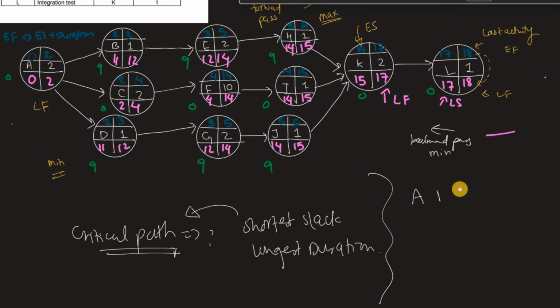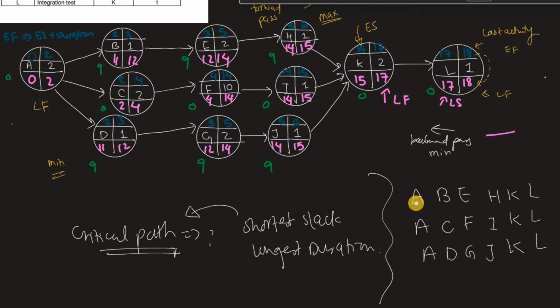A, B, E, H, K, L; A, C, F, I, K, L; A, D, G, J, K, L. Let's go ahead and write the slack of each of them.